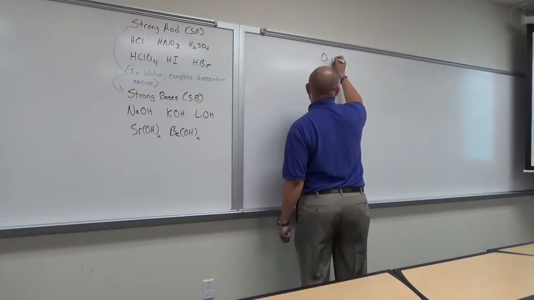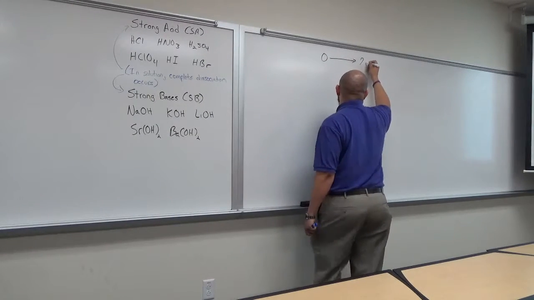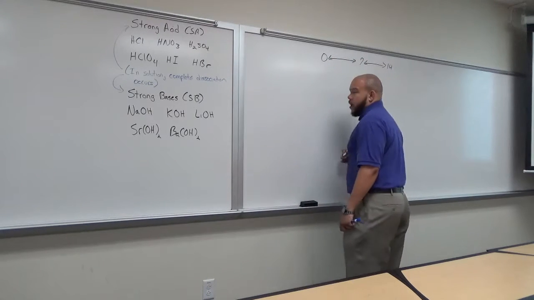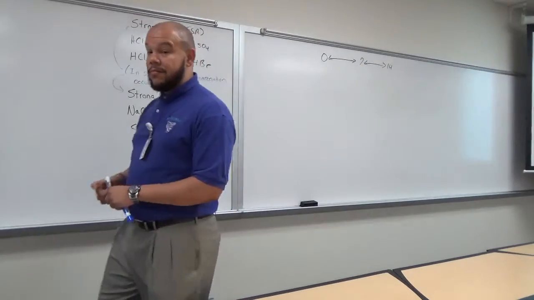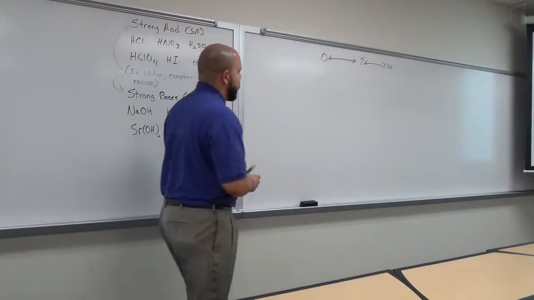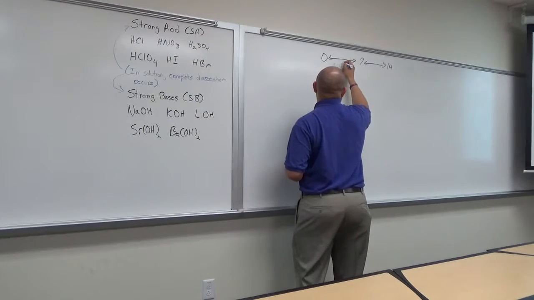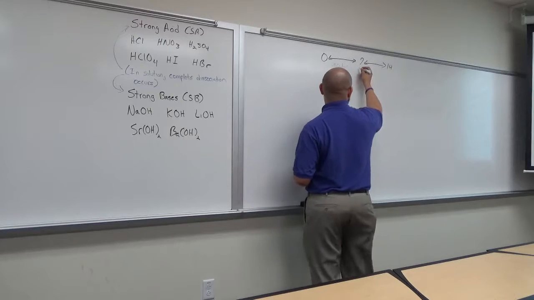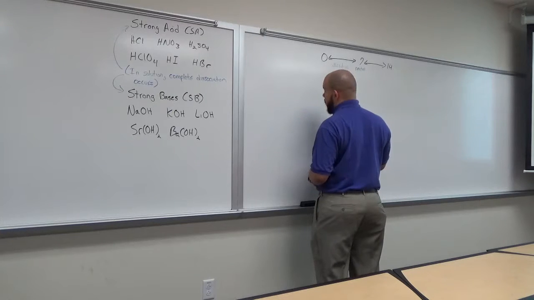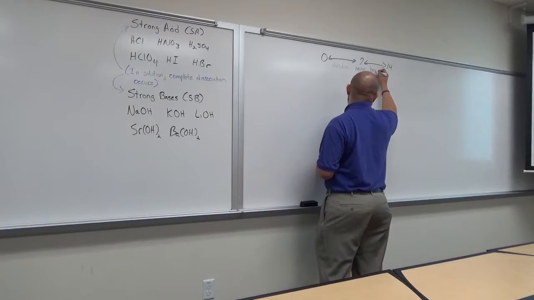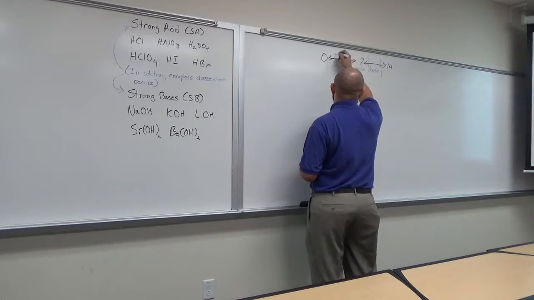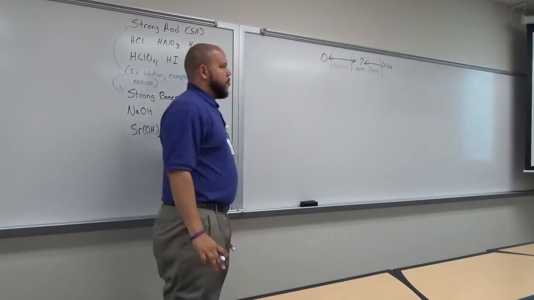We got 0 to 7 to 14. From 0 to 7 we describe that as being acidic, correct? At 7, we consider it neutral. And above 7, basic. Okay, so these are the areas for each of these.